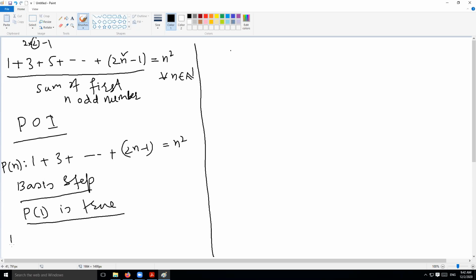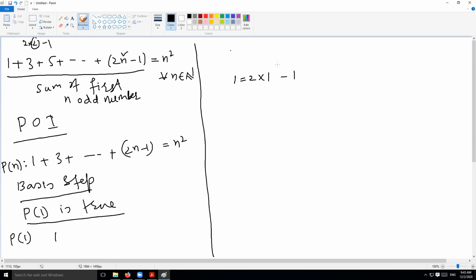By the way, what would be P of 1? P of 1 means take the sum of the first odd number. So what is the first odd number? The first odd number is 1. And what should be the n for the first odd number? I can write 1 as 2 times 1 minus 1.